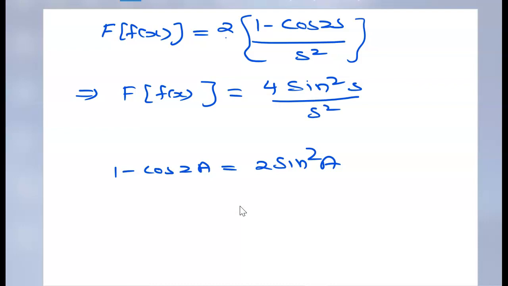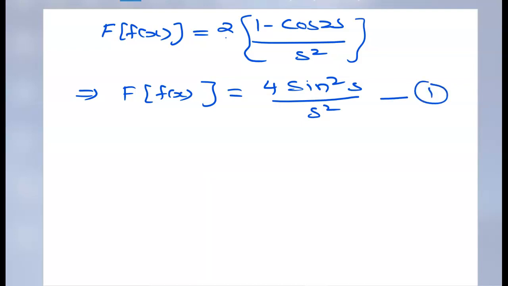Just check it. If it is 2a, I am having 2s, meaning it's sine squared s. Okay, this is done. So now the first part of the problem is over. This is the Fourier transform of f of x. We will name it as number 1, the Fourier transform of f of x.